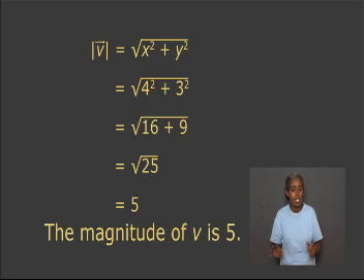The sum of the squares is 25. Therefore, the magnitude of vector v is the square root of 25, or 5. Well-remembered students. You can see that calculating the magnitude of this kind of vector is very simple.